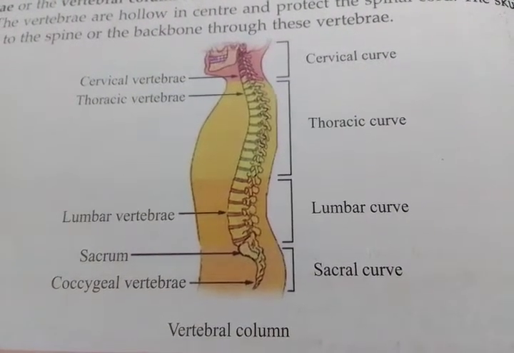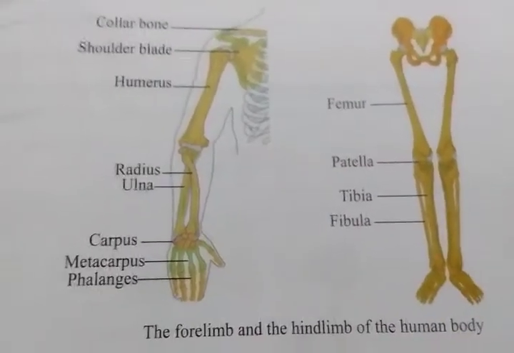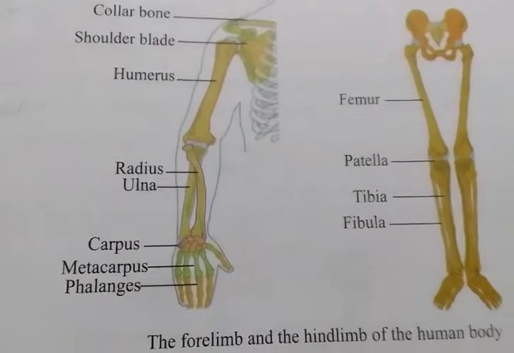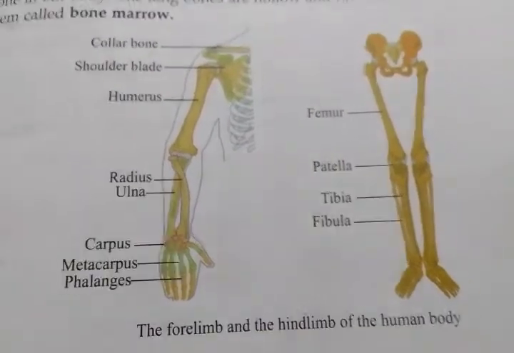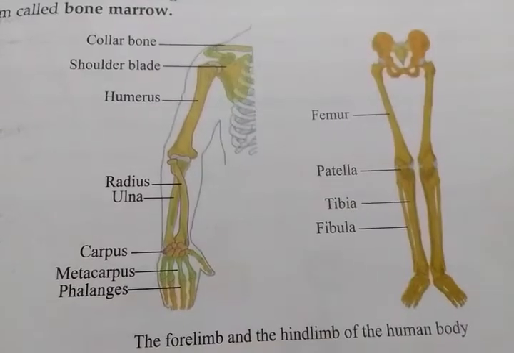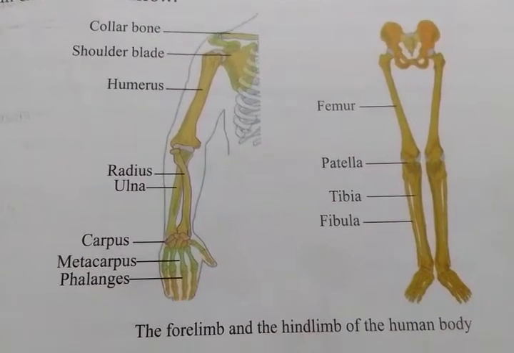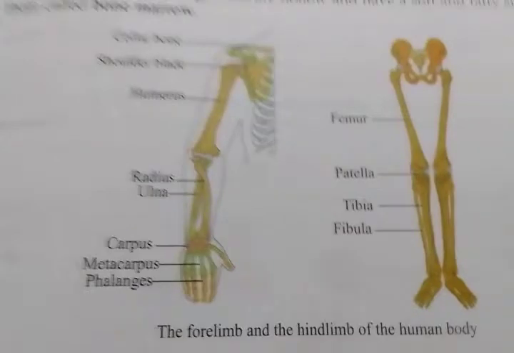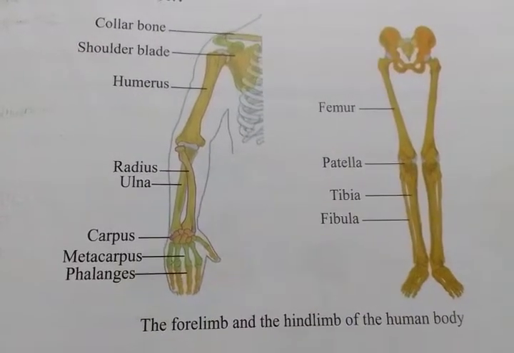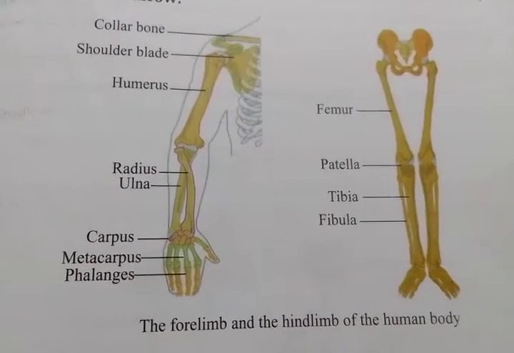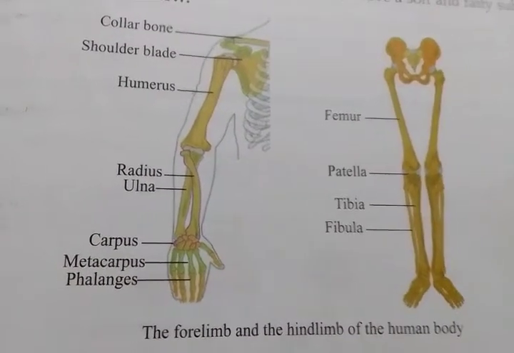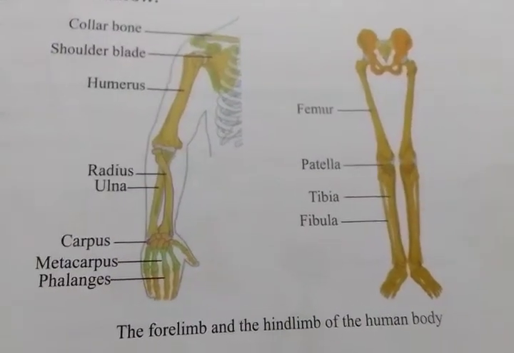Next is limbs. Humans have two pairs of limbs, the forelimbs which constitute our arms and the hind limbs which constitute our legs. The arm is made up of two parts, the upper arm which has one long bone called the humerus, and the lower arm which has two bones, radius and ulna.